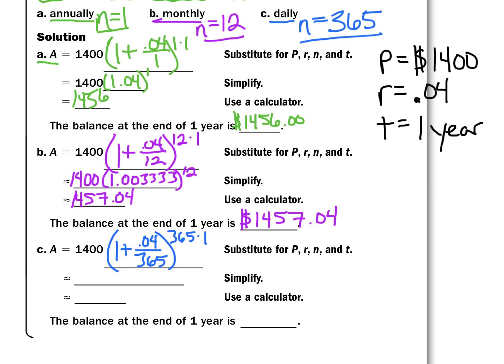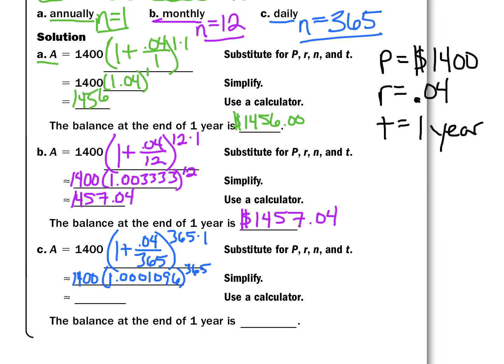Okay, so it's like 0.000109589. I will round that a little bit, so 1400 times, when I add that to 1, I get 1.0001009, and I'll cut it off there and say 6, raised to the 365th power.